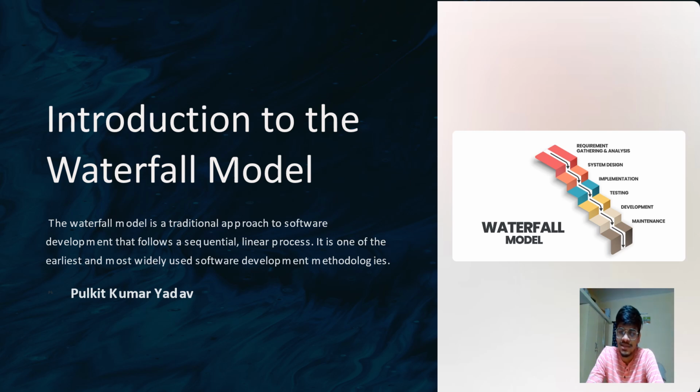Here in this picture, we have depicted how the waterfall model is differentiated into many stages, starting from requirement gathering and analysis, then system design and implementation, then testing, development, and at last, but very important, the maintenance stage.